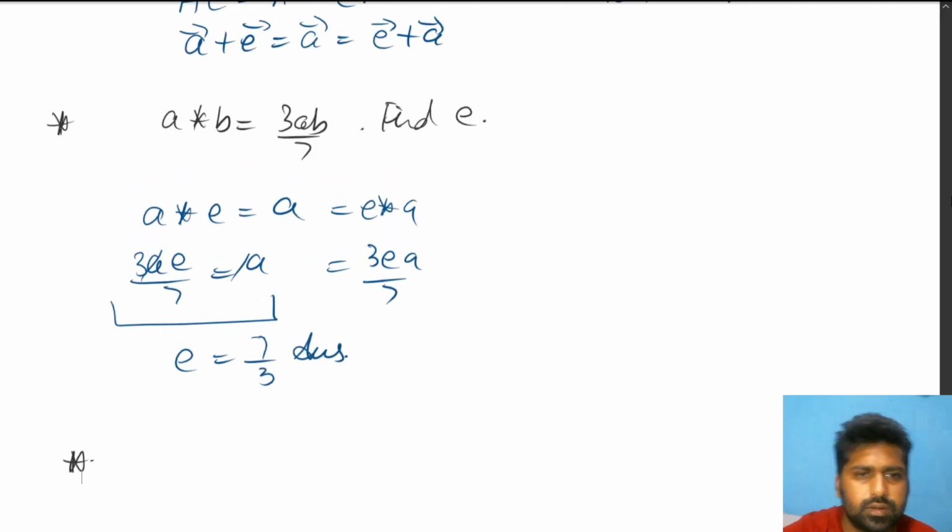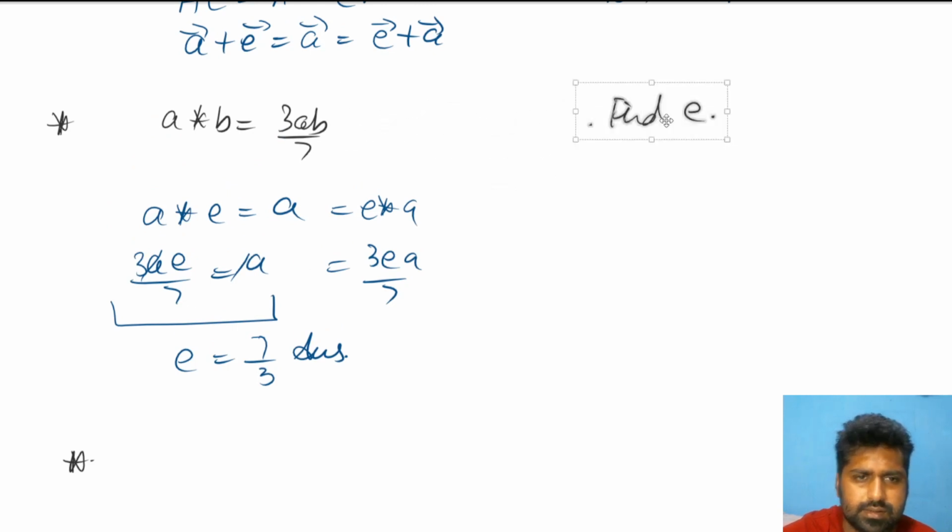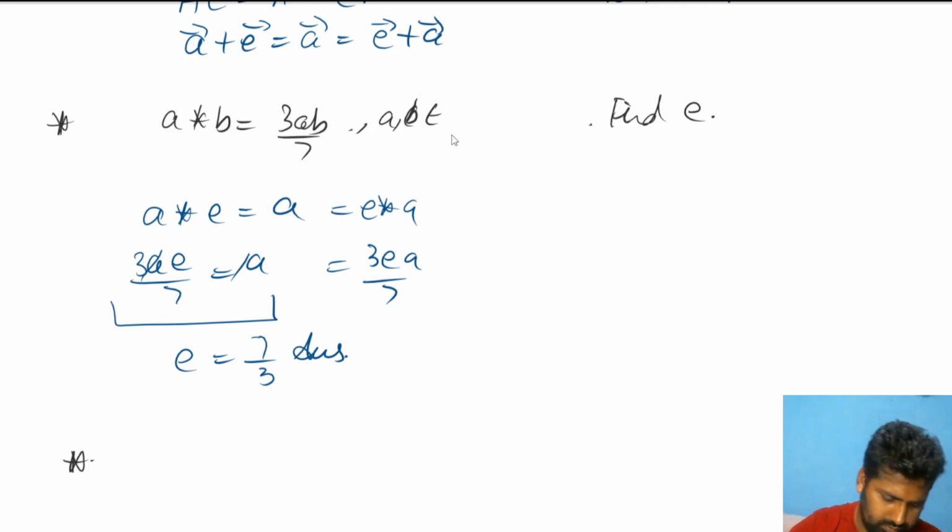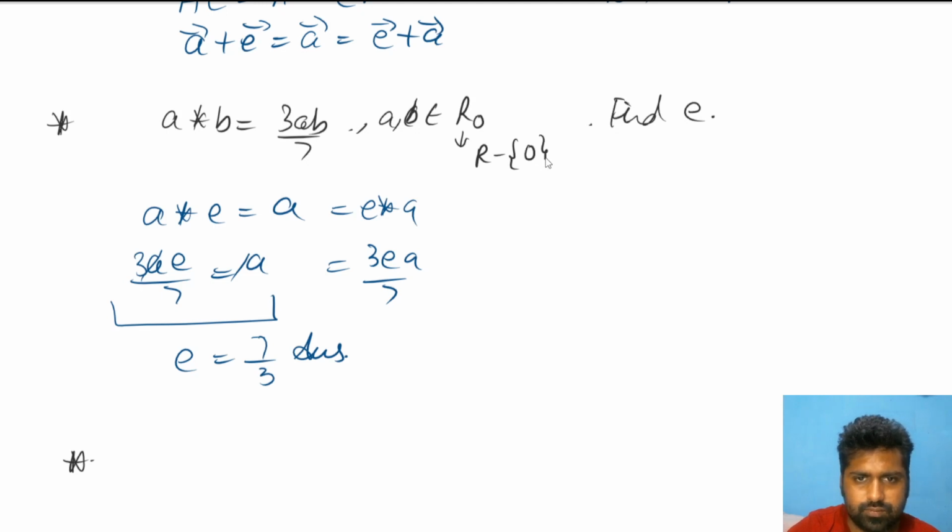Also one more thing, I forgot to define on which set the operation is defined. So a comma b belongs to R0, which means real numbers without 0. No 0 is allowed. Real number minus 0. Whatever element comes, this should belong to this set also.